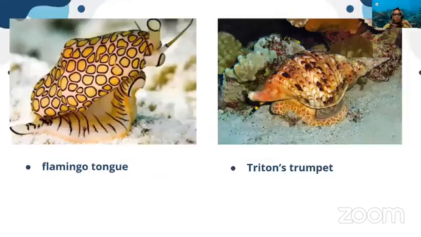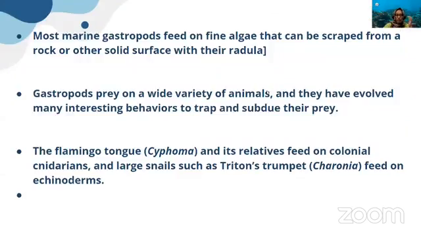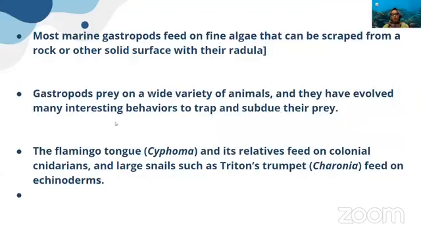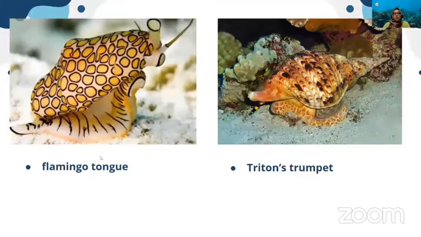Next you can see here the Triton trumpet. Usually they feed on urchins, so echinoderms, and this flamingo tongue feeds on colonial cnidarians. You can see these two gastropods. They have a very prominent shell here, the Triton trumpet.